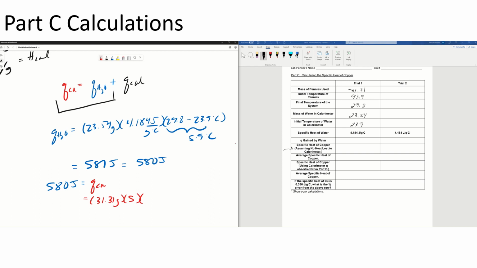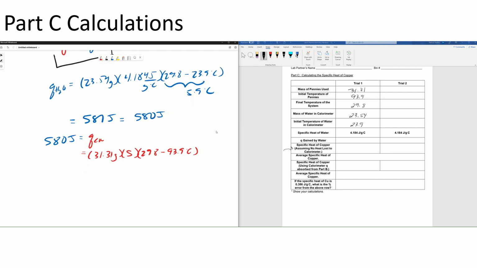The final temperature was 29.8, and we started at 93.9 degrees Celsius. That makes sense because we would expect the copper to have lost energy. So 29.8 minus 93.9 is negative 64.1. Then we just have to solve for S. So 580 divided by the product of 31.31 times 64.1.